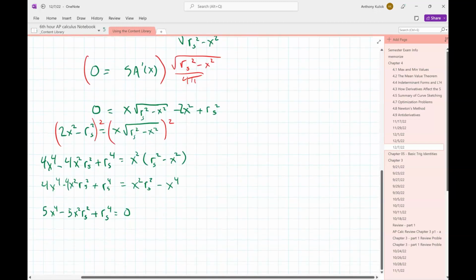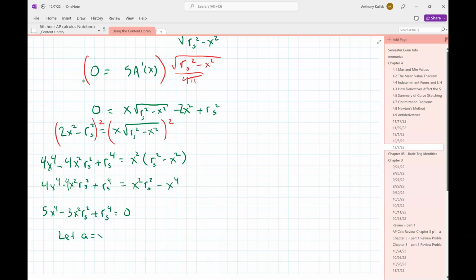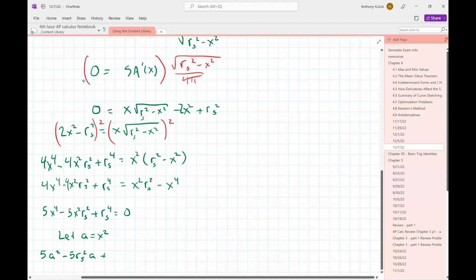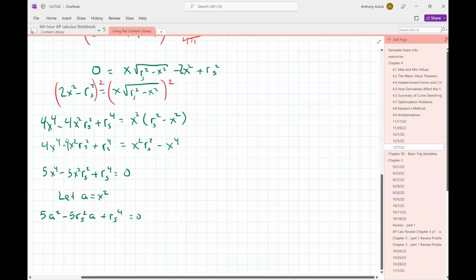Now notice that this guy is in the quadratic form, correct? So I'm going to just say, for example, let a equal x squared. So we have 5a squared minus 5r squared a plus r to the 4th equal to 0.